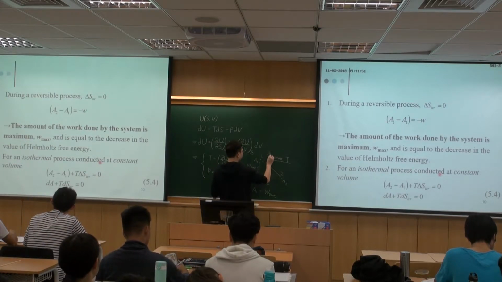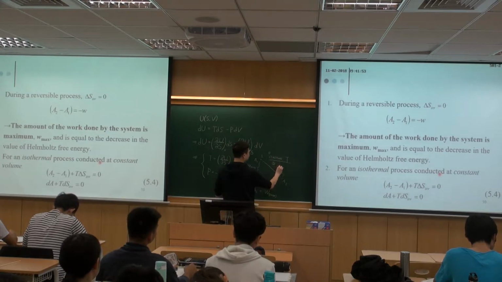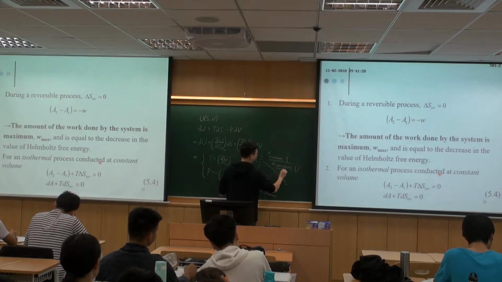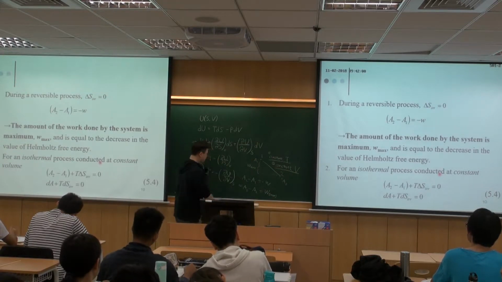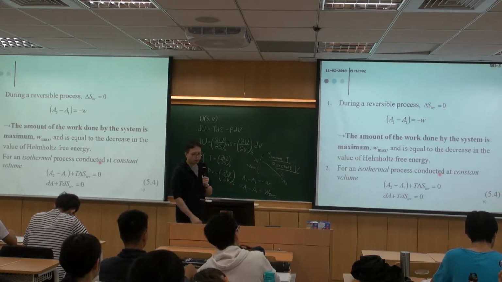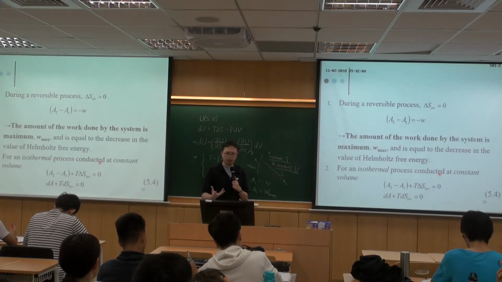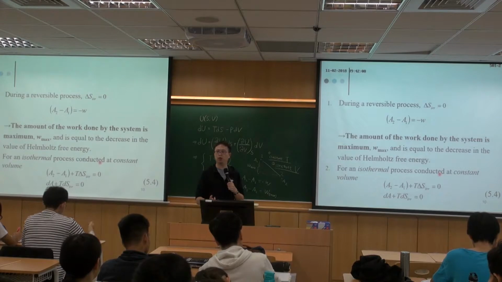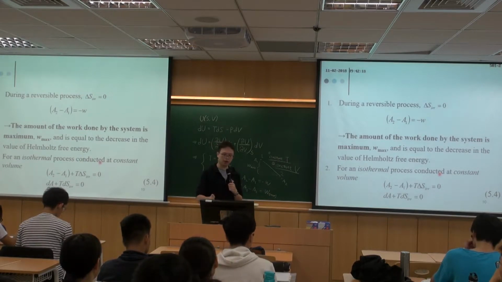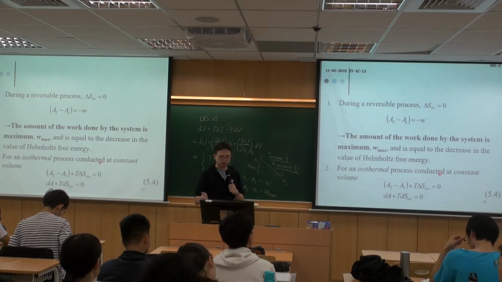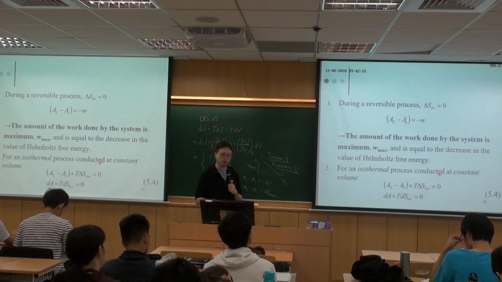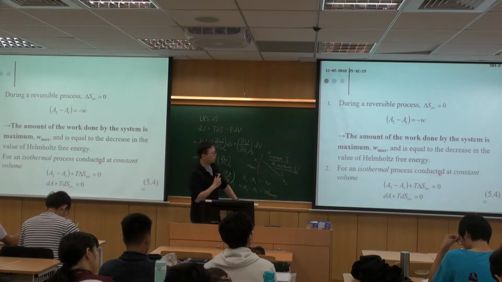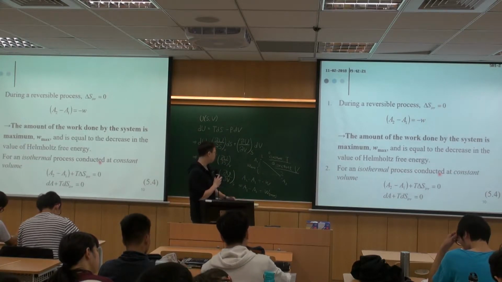So originally you have this, and if you also have constant volume, what will happen? Imagine that you are dealing with a system with just PdV work. Actually, for most cases that we're going to see in this chapter, they only have PdV work. If you have a constant volume process, it means that PdV is 0.